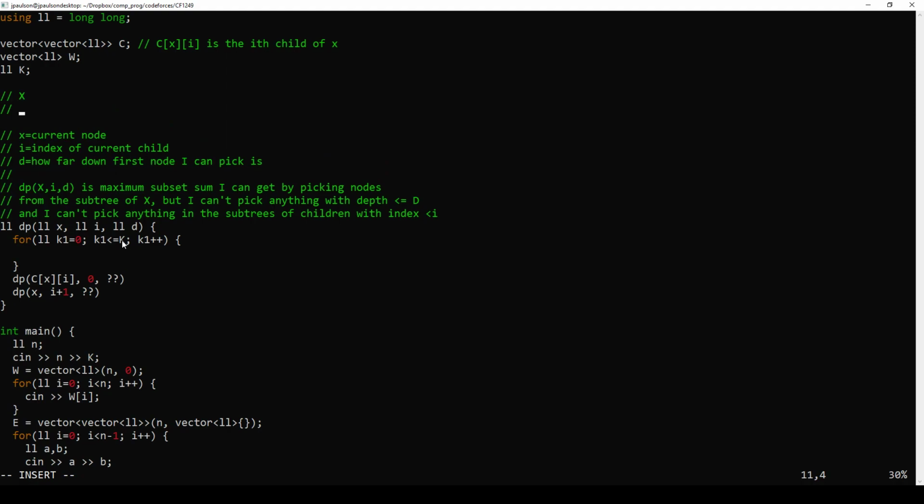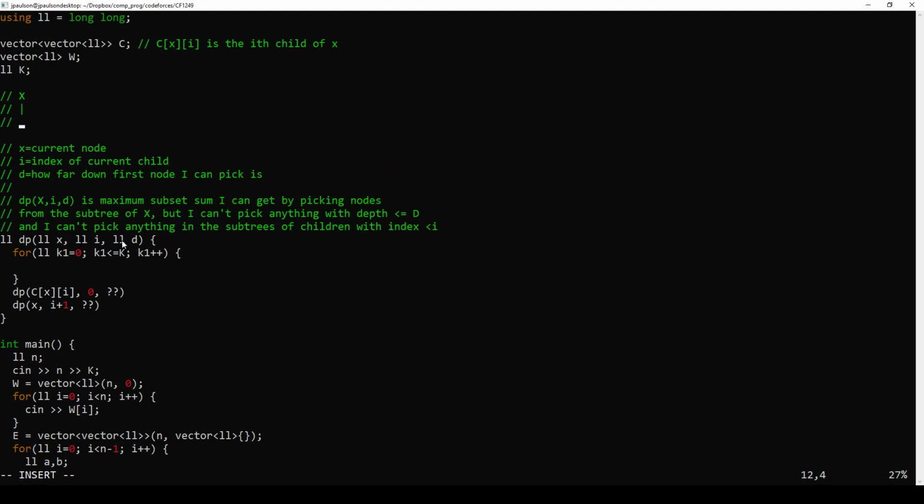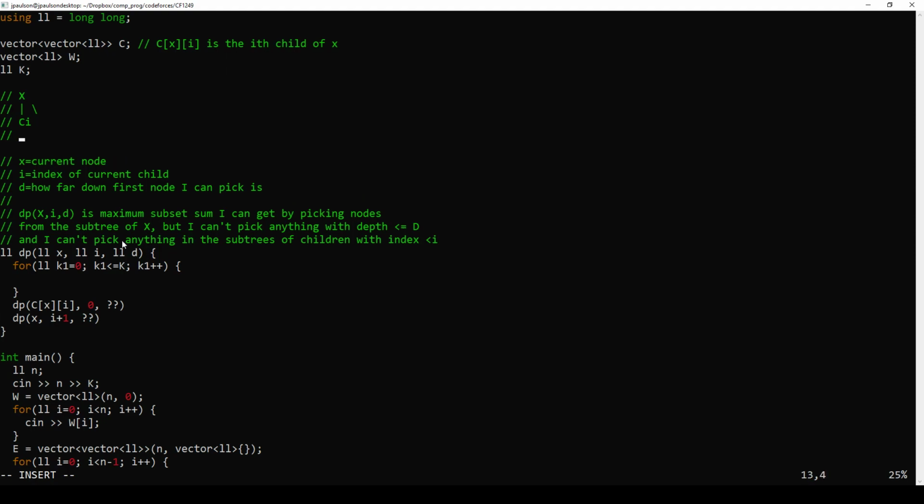Here we have x, and here's its ith child, and this has some whole subtree. And here's some other subtree. The bad thing that might happen is if you picked this node and this node, then they're at distance 2.